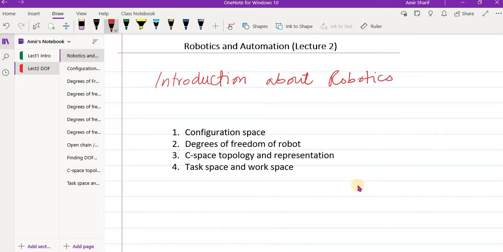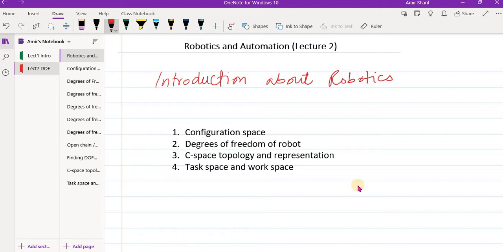And especially if you remember, we talked about different types of joints, and then we talked about different types of industrial robots, and we also talked about some advantages and disadvantages of robots, and finally we talked about safety related to industrial robots.